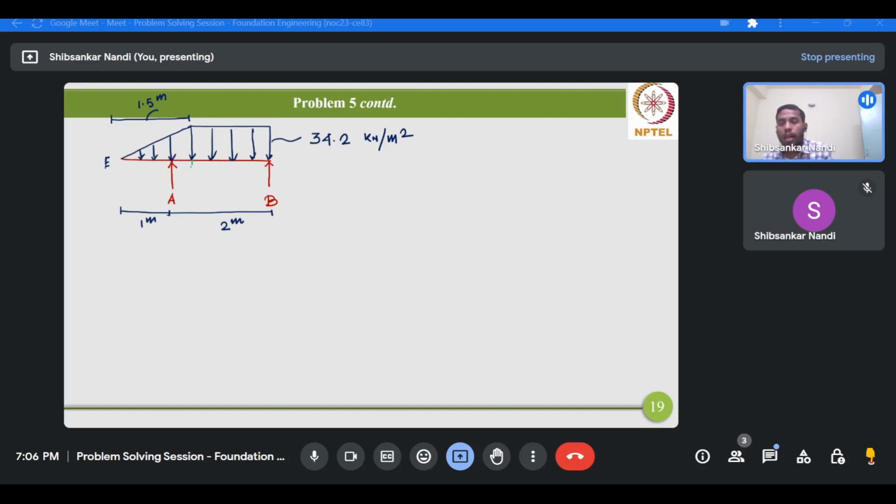So it's a triangular distribution, and the resultant for this triangular distribution is half multiplied by 1.5 multiplied by 34.2. Okay, so this hatched portion is half multiplied by 1.5 multiplied by 34.2.